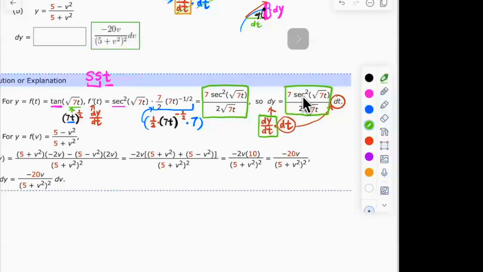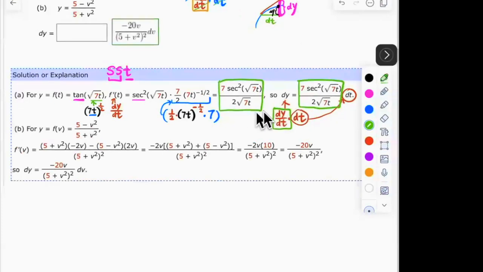So you put the dy dt over here and then times dt, and that's the differential dy. The differential is the derivative times dt.